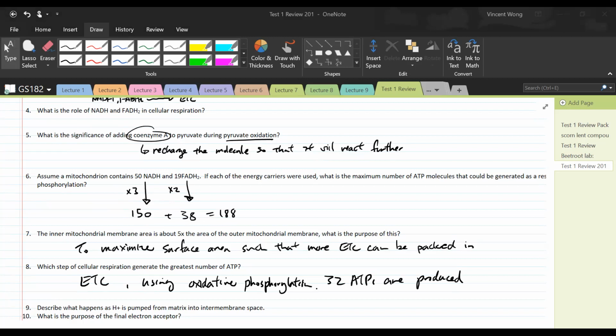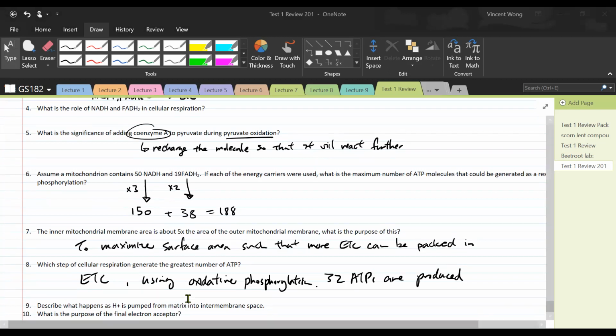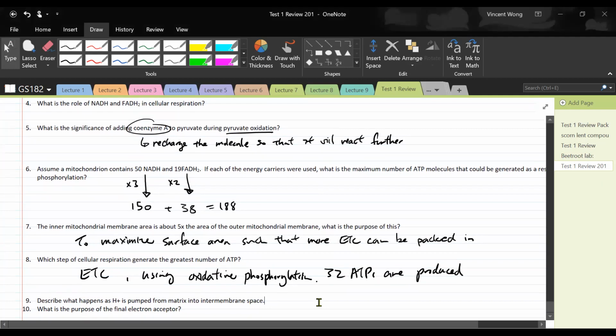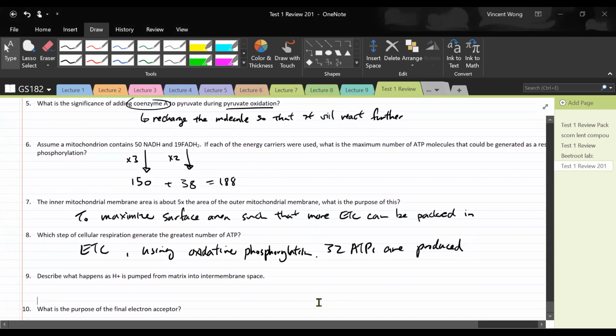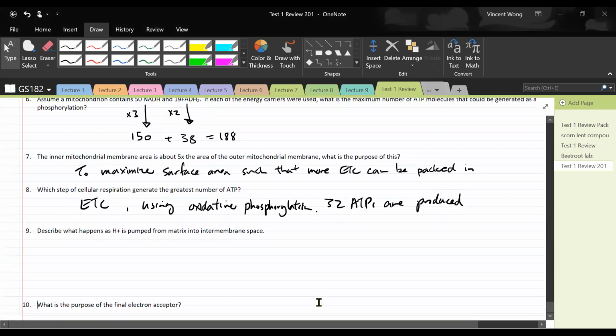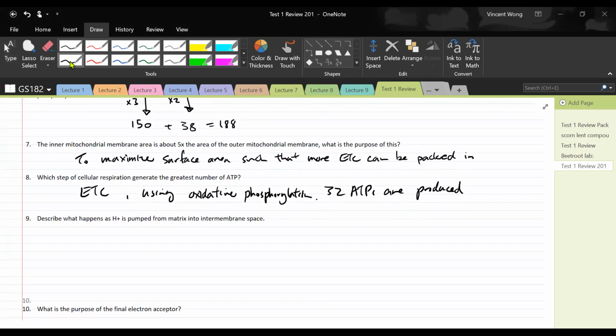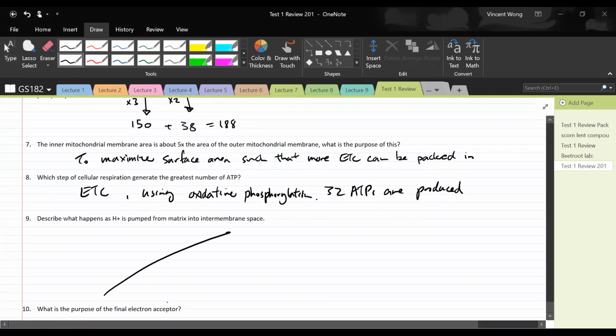All right. What happens to H plus as it is pumped into the intermembrane space? I mean, we talked about that multiple times already, right? This is the intermembrane space. You basically have lots of H plus here, and that creates a high concentration.